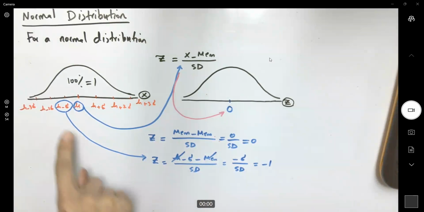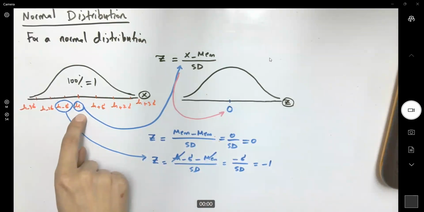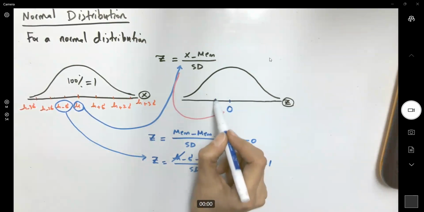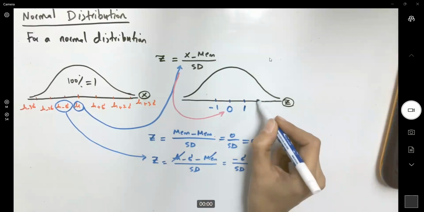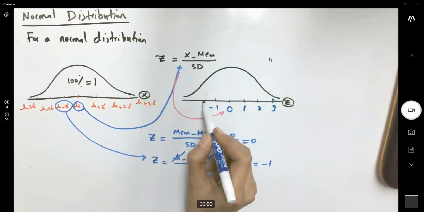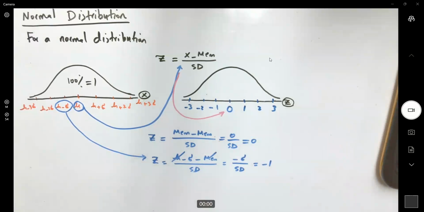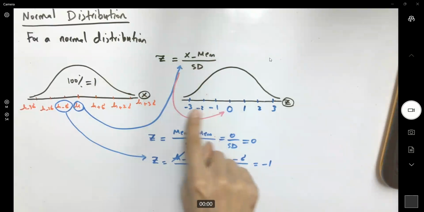So this number on the left-hand side of the mean is now negative 1. We can continue this process. On the right-hand side, we get 1, 2, 3. On the left-hand side, negative 1, negative 2, negative 3. This is a machine that takes on values and transforms them into new values.